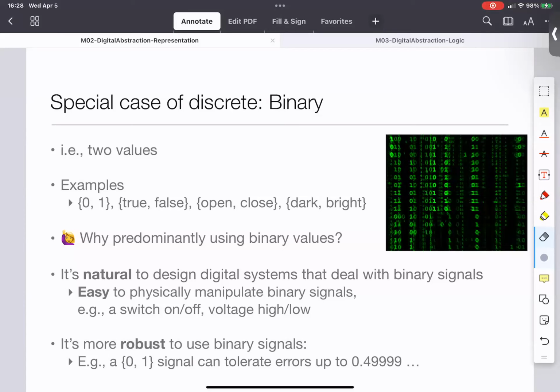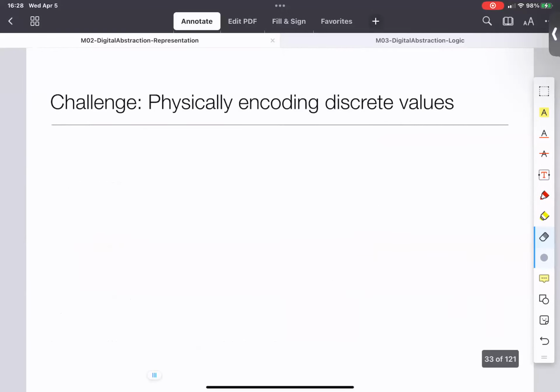If you take things like voltages and try to divide them more finely, then you are less tolerant to noise, and we'll see in a little bit what happens.